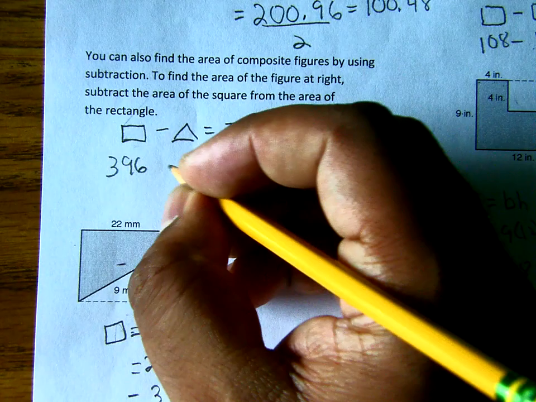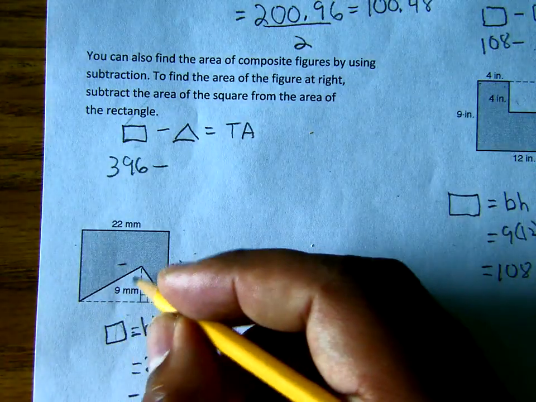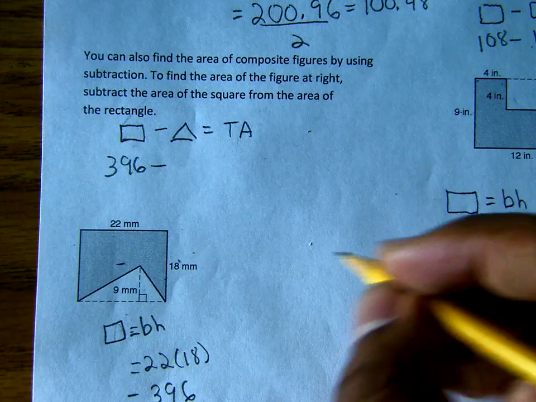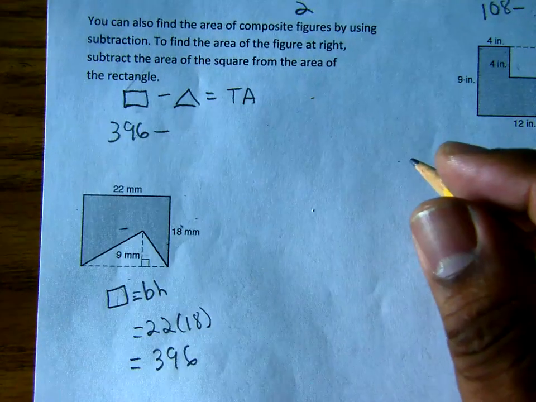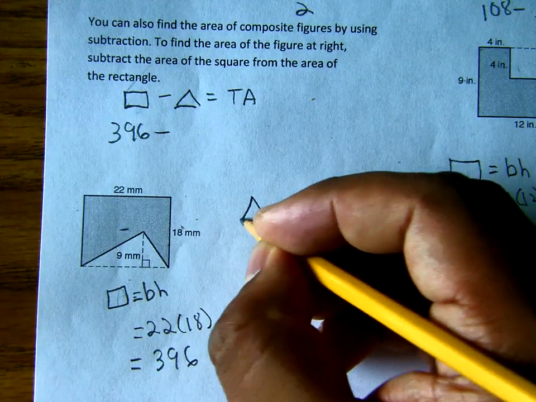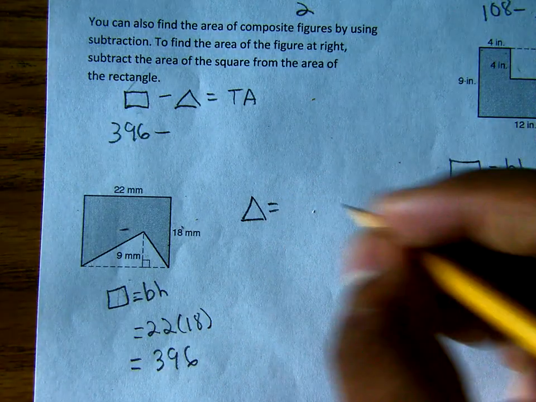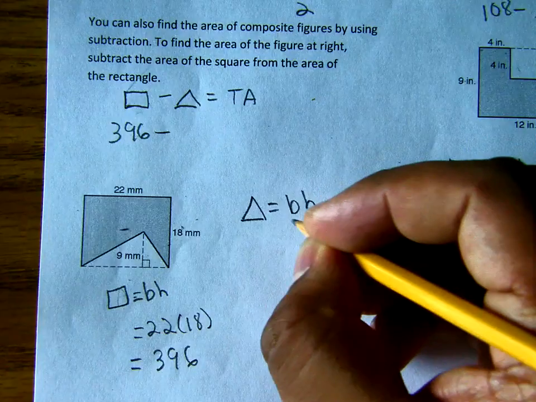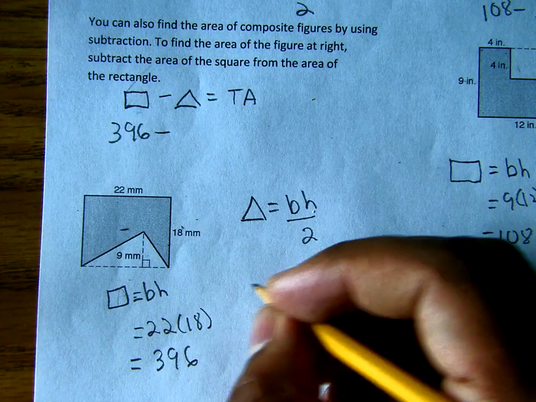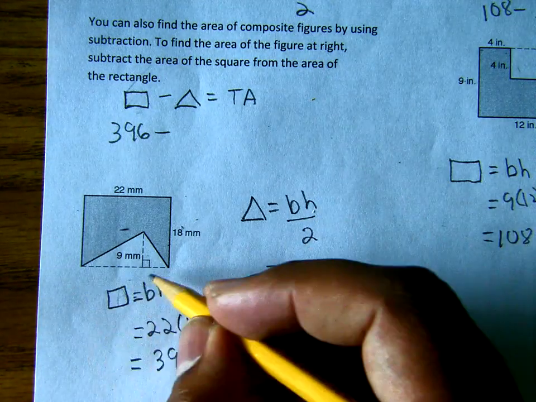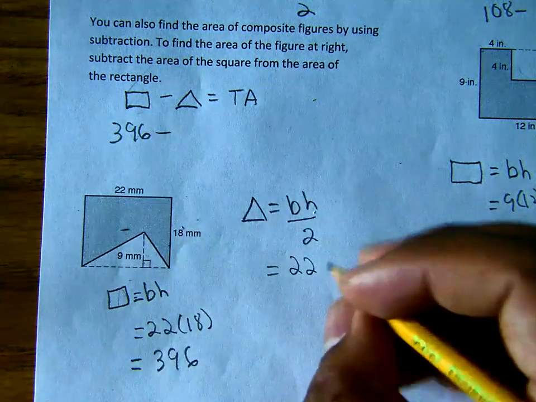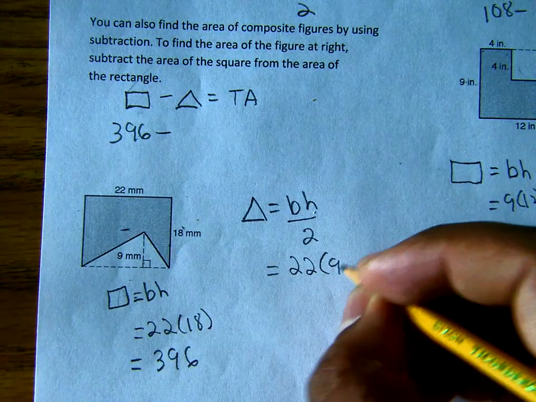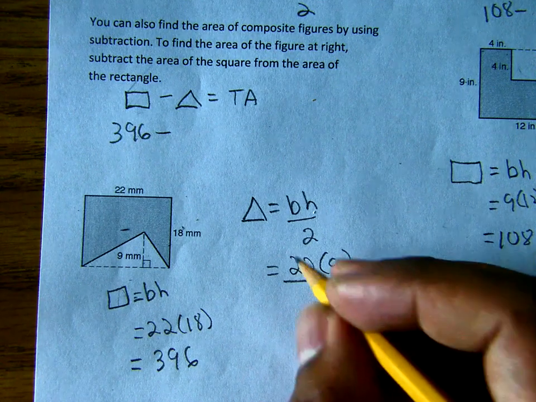All right. And now I just need to find the area of this triangle so I can subtract that out. So the area for a triangle is equal to base times height divided by 2. All right, so the base will be 22. The height is 9. And we're going to divide all that by 2.